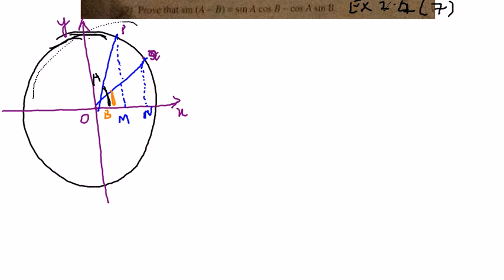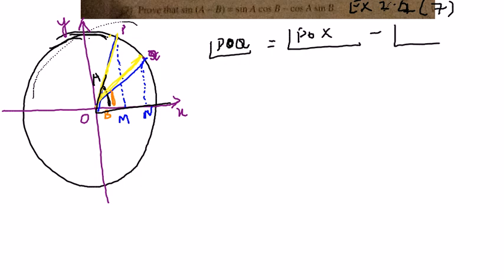Okay, if we have to find this angle POQ, then we will write it as angle POQ is equal to angle POX minus angle QOX, which is nothing but POX is angle A and QOX is angle B. So let's keep this aside.